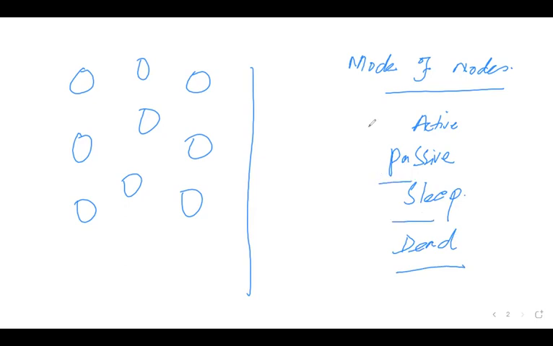So look at this. If, for example, the lifetime of every node is 1 hour if it continues to move, and all these nodes are in active mode, then the total network life will be 1 hour.